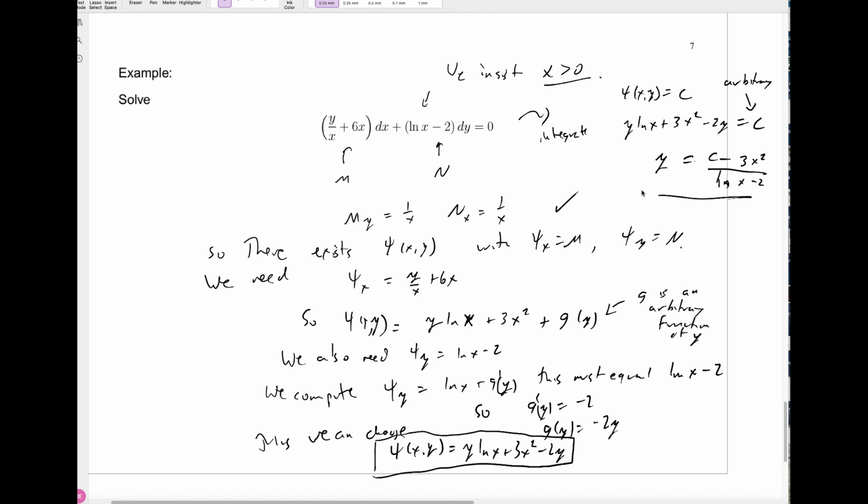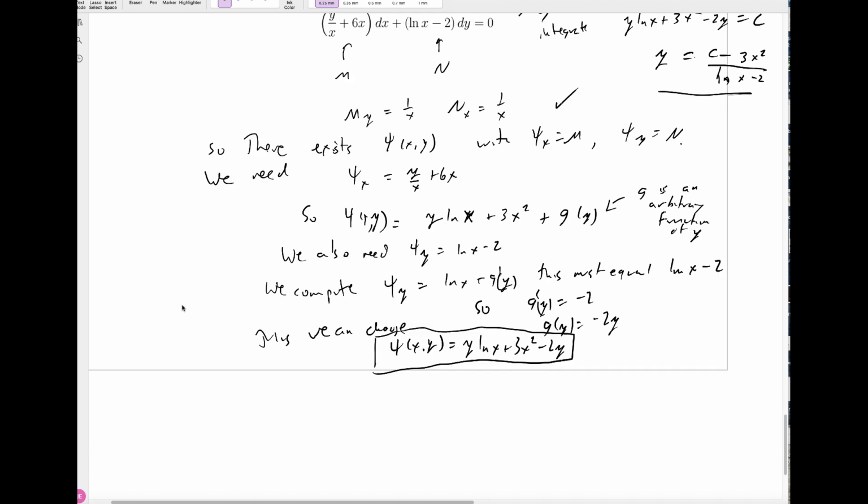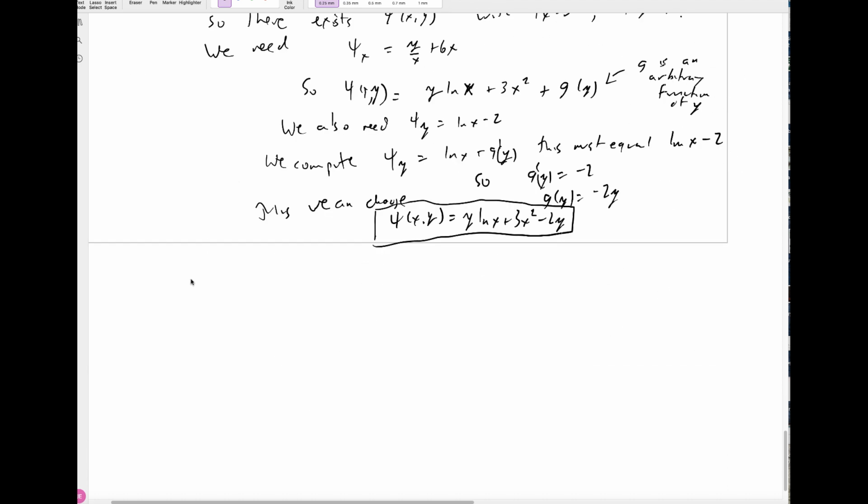Before we stop today, let me tell you where we're going with this. We haven't yet looked at examples where M sub y is different from N sub x. So let me just scroll down a bit here. What if we want to solve something like y squared plus x squared dy/dx equals 0?